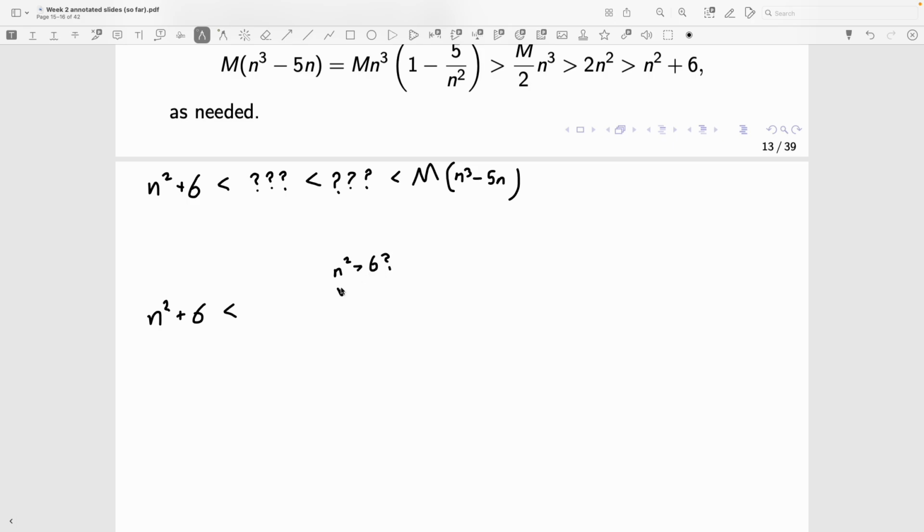Which evaluates to n being greater than square root of 6. And if we have that condition, then we have that n squared plus 6 is less than n squared plus n squared, which is equal to 2n squared.